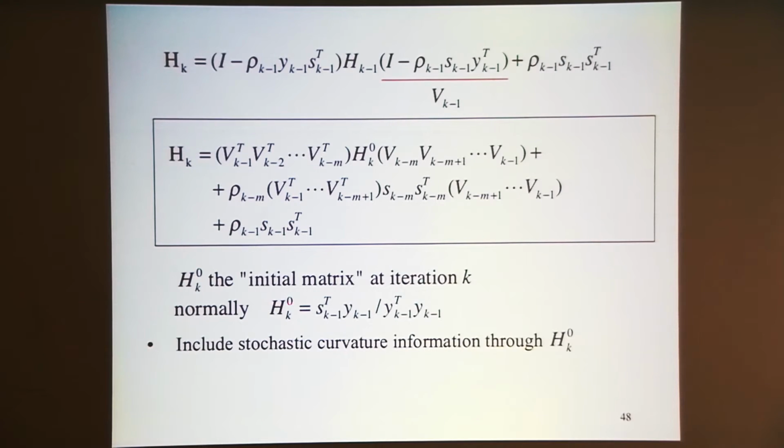Now, in the codes that are around, limited memory BFGS codes, the initial matrix that you use for quasi-Newton updating is very simple. It's a multiple of the identity. It's this quotient times the identity that I forgot to write here. And this quotient is the Barzilai-Borwein parameter that Steve Wright mentioned.